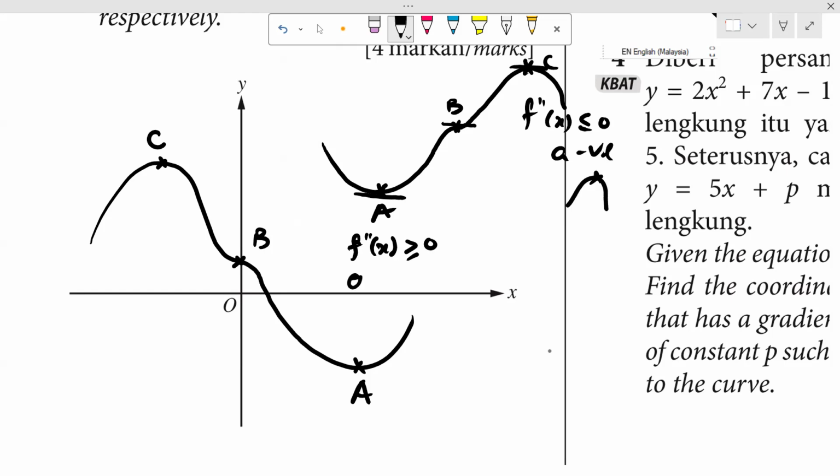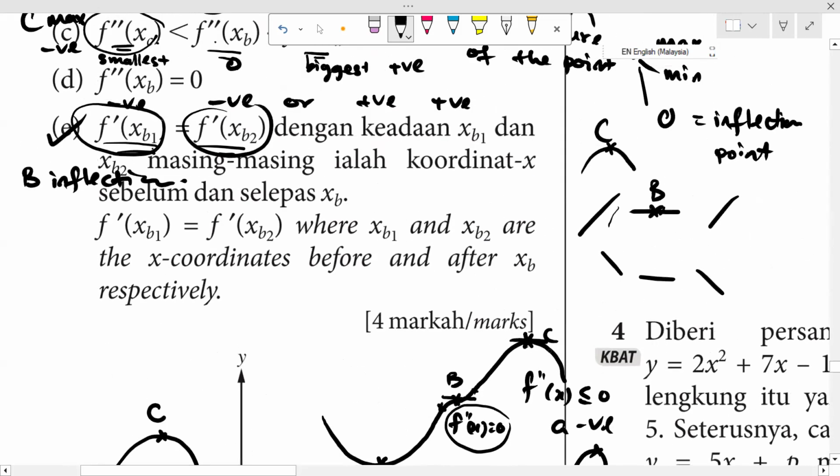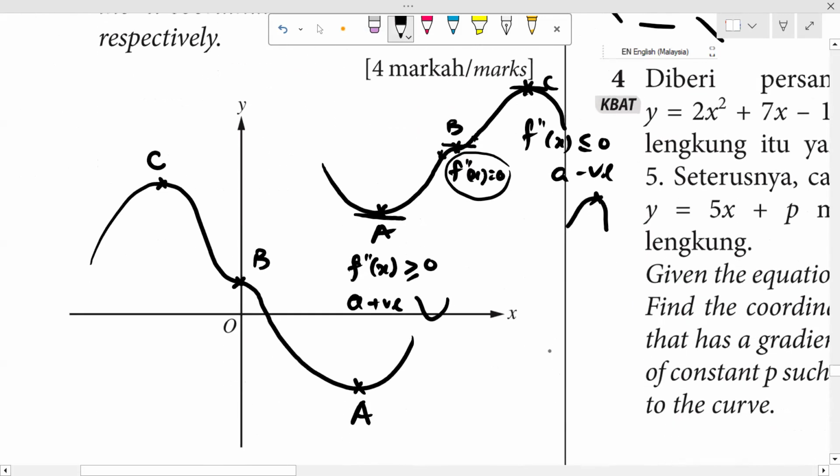This one a positive, so smiling face. And the B is the one that is 0. Your double derivative is 0, but when it is 0, we can't make any conclusion. We can only test the point before and after, and that is the reason over here we're testing the point before and after. Okay, so that's how you do the sketch.